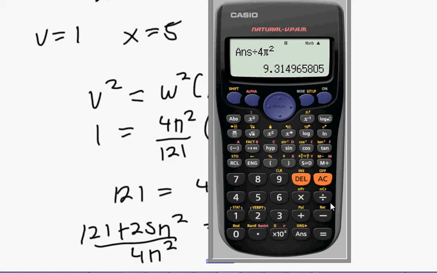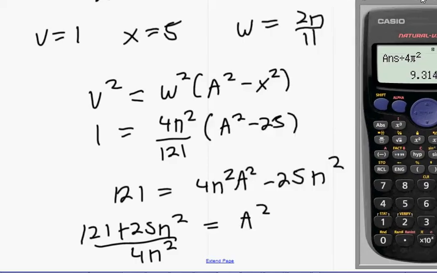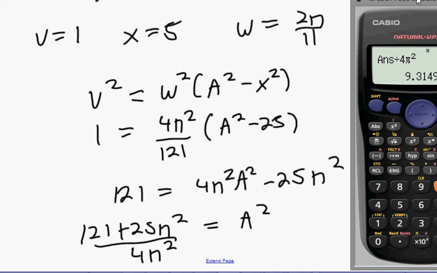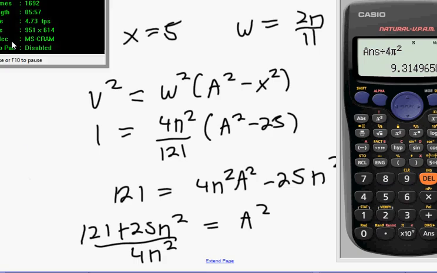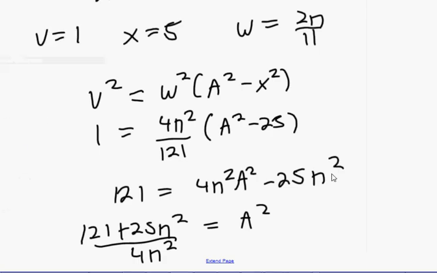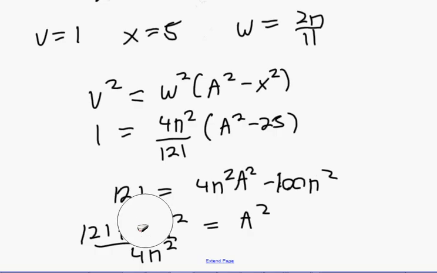Square root the answer. Is that right? It's 100 pi squared, because 4 times 25 is 100 pi squared, and that is going to be 100 pi squared here.